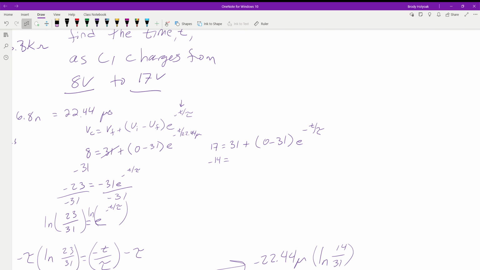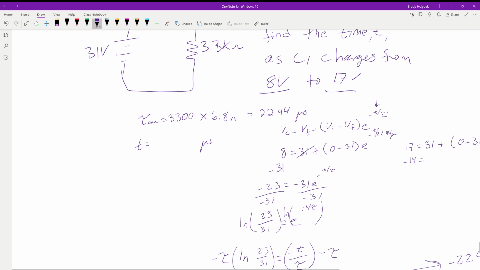So the only problem is when we put in this final voltage, the final voltage isn't 17. The capacitor is trying to charge all the way up to the 31 volts. Okay, I got it. So it's not that. Mm-hmm. That's the difference.